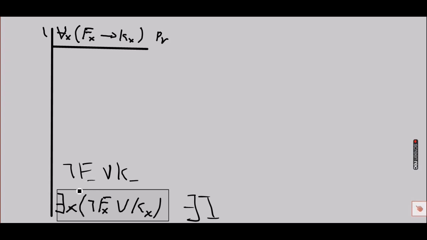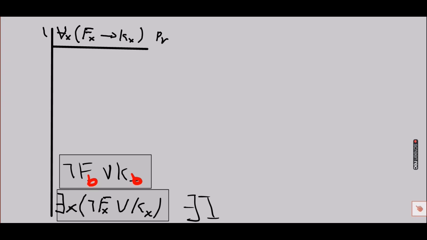So let's go with B. Anything works, it doesn't really matter. Not FB or KB is the B instance of the existential. So my goal is to get this thing, because if I have this, then I can get the existential. Now, how can I get not FB or KB?